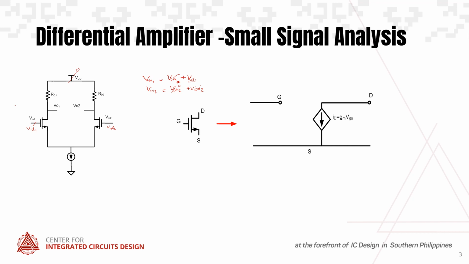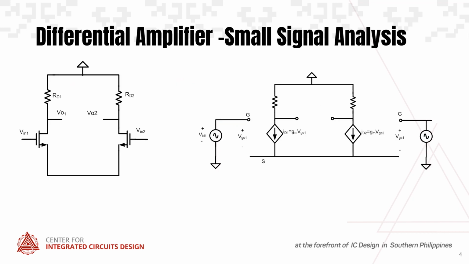If we can recall, in this differential amplifier, we consider earlier that the VDD here is considered to be the ground, and also the DC source in this one, our ISS from earlier, would be considered as open.